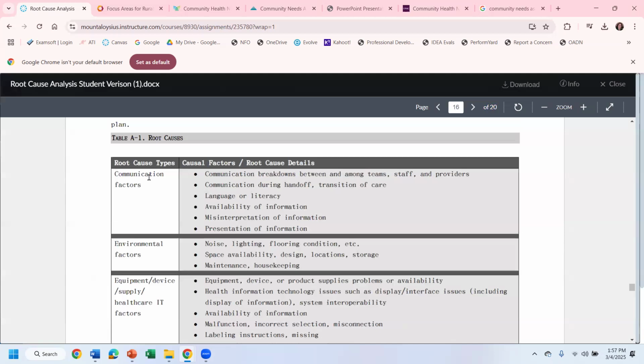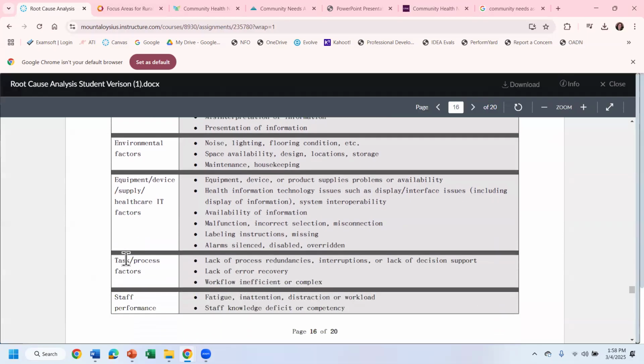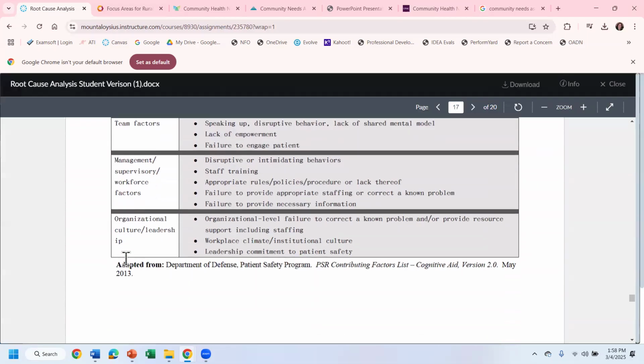So this is where you're going to get the information to place in those next columns. Was it a communication factor? And what type of communication error happened? Was it an environmental error factor? And so forth and so on.